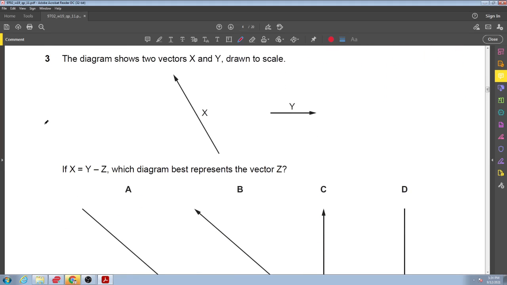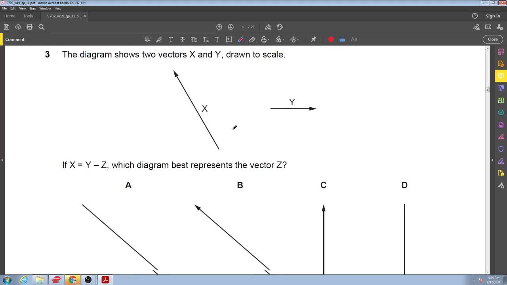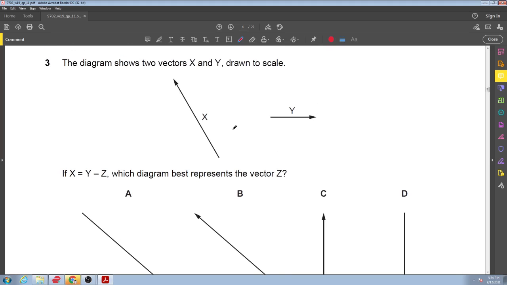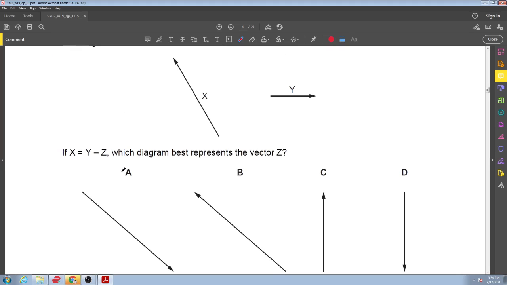Then they said the diagram shows the two vectors x and y drawn to scale, and if x equals y minus z, which diagram best represents the vector z? We can write it as, if we take z to that side, x, z going to the other side, then it becomes y minus x.